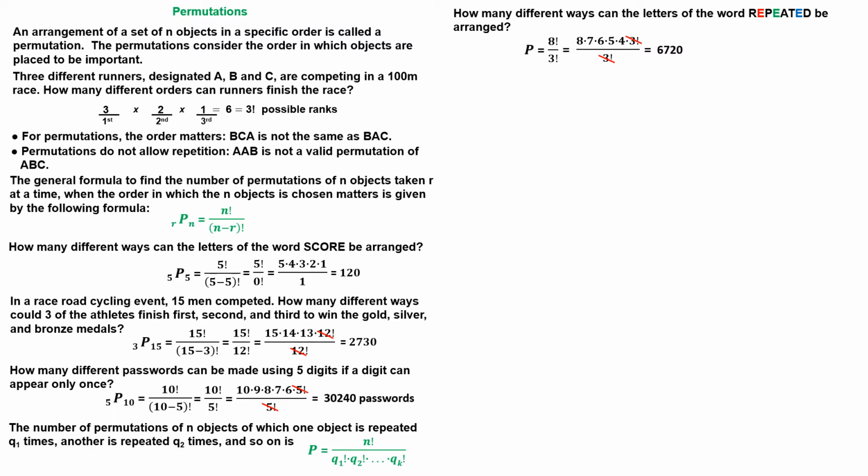Find the number of permutations of the letters in Mississippi. Mississippi has 11 letters, of which I is repeated 4 times, S is repeated 4 times, and P is repeated 2 times. So the number of distinguishable permutations is given by the formula.